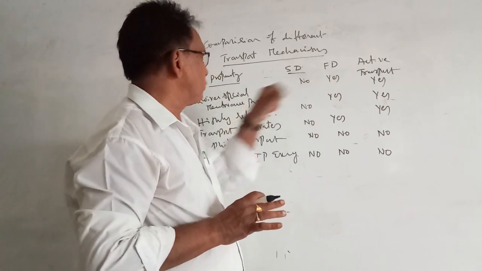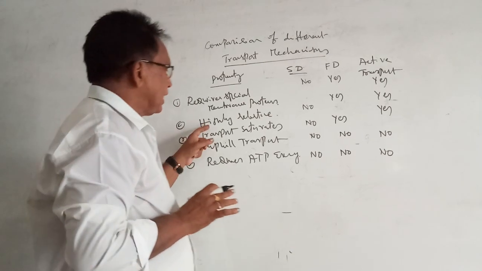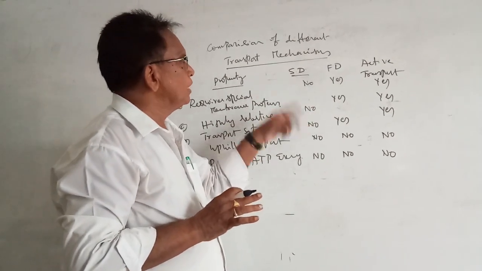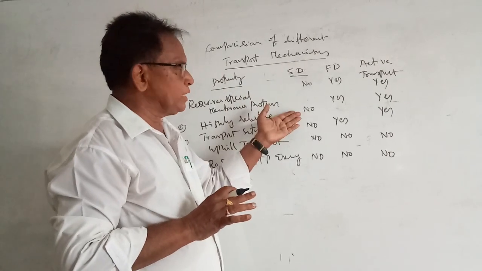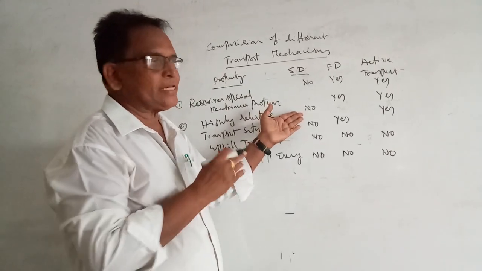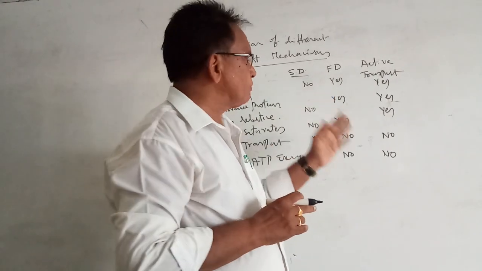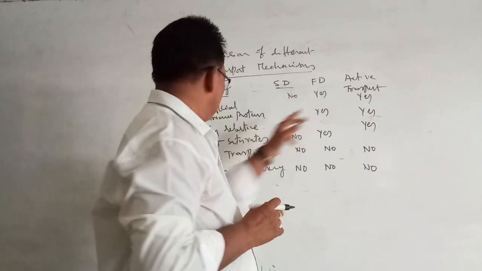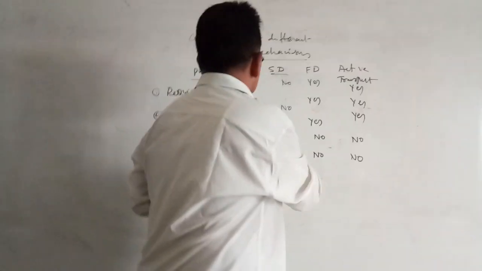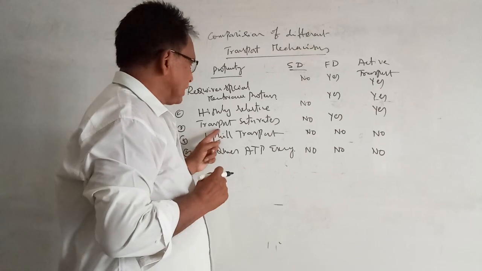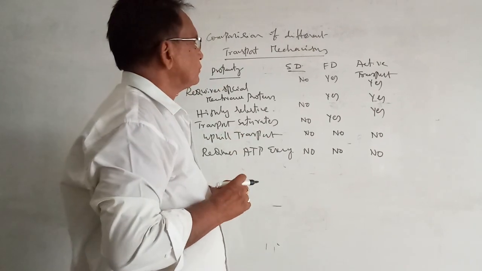Yes. Here, no. And the second property, highly selective. These membrane proteins are highly selective. For simple diffusion, there is no requirement of any carrier protein, but for facilitated diffusion and active transport, these carrier proteins are required, and they are specific, or selective, in their action. And the third property, transport saturates.